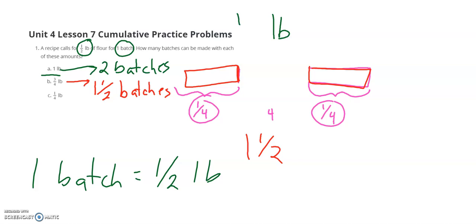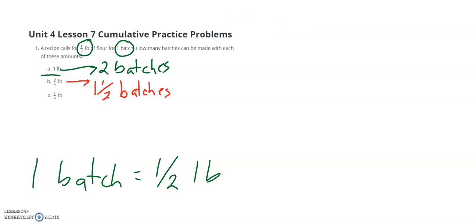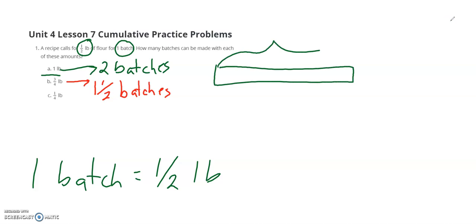I'm going to have to start all over with this one. One batch is 1/2 pound. How many batches can you make with 1/4 of a pound?